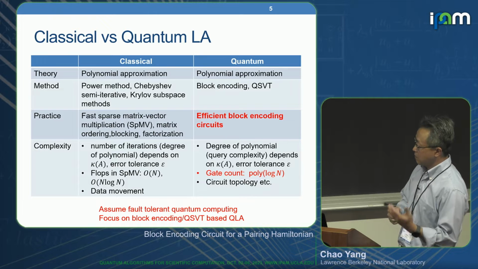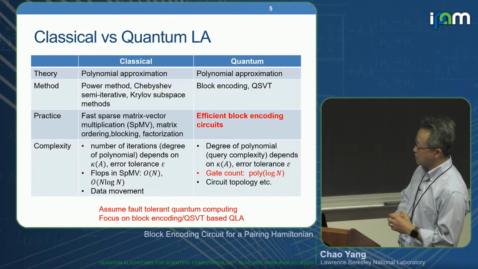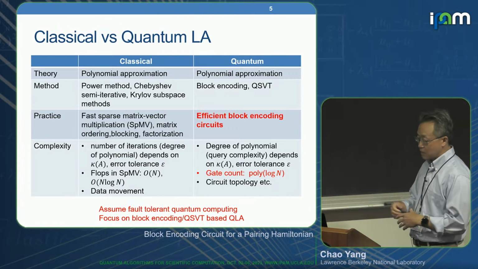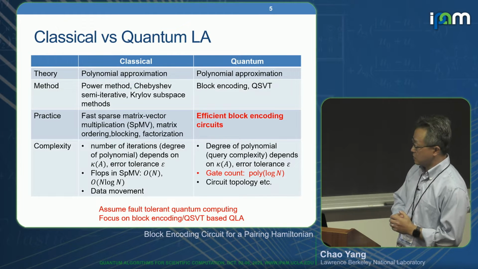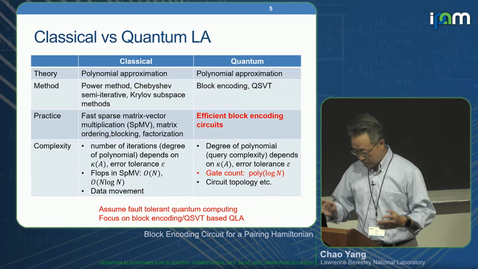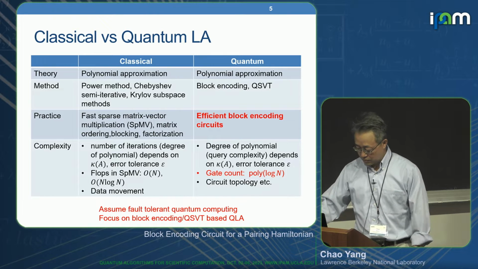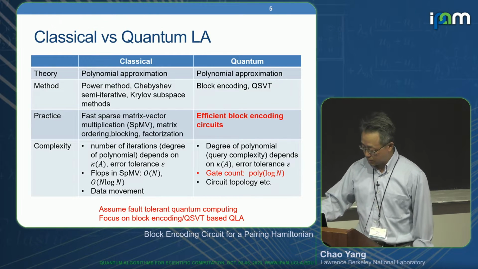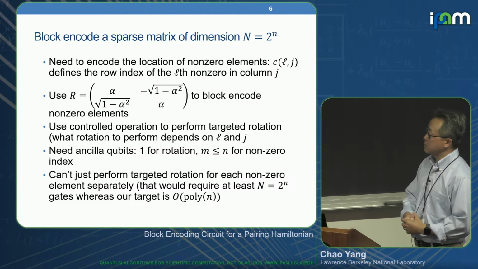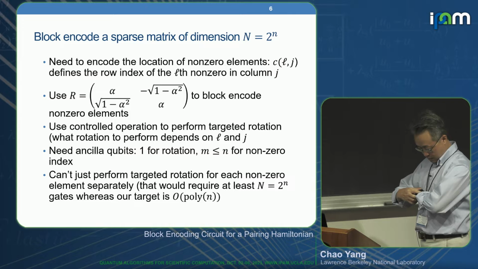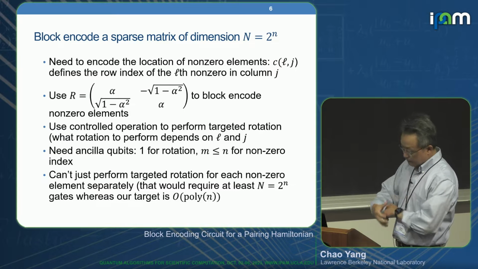So it's a little bit different from flops, but it's more or less similar. And in terms of data movement, there is the circuit topology and all these other issues. In this talk, I'm going to assume fault-tolerant quantum computing, and I'm going to focus on this block encoding QSVT-based approach.